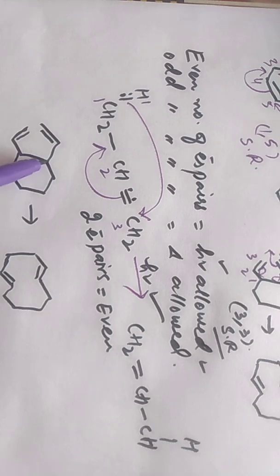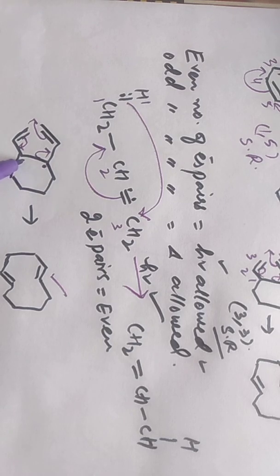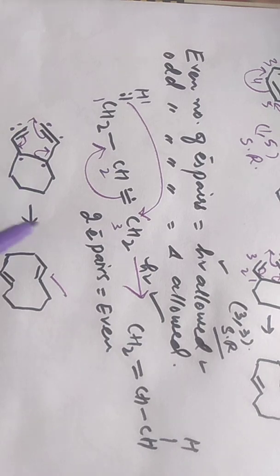In this case, this is an allylic bond. This bond shifts to this side, this bond shifts to this side, and this bond shifts to this side. We get this product. Now this electron pair shifts to this side, this electron pair shifts to this side, this electron pair shifts to this side.